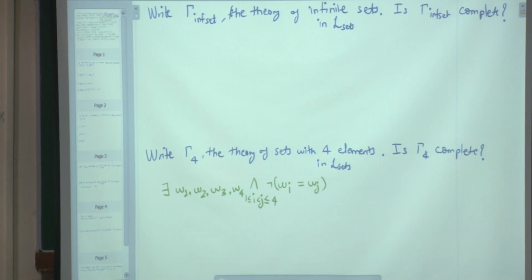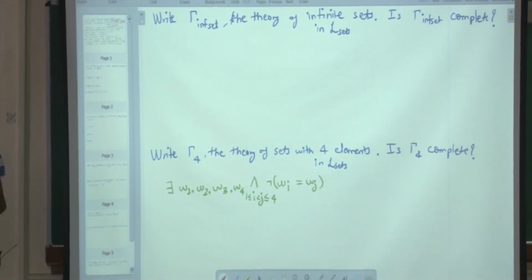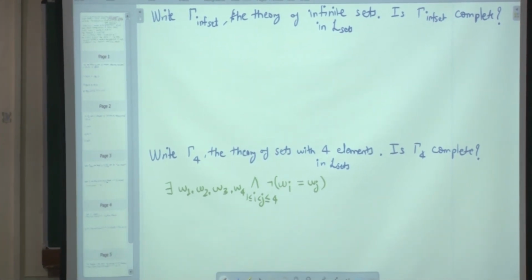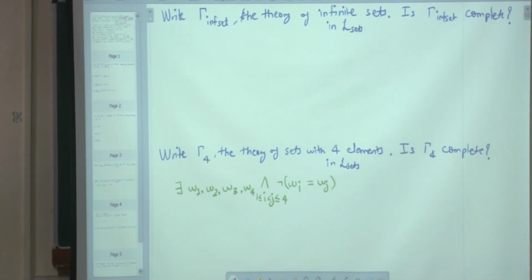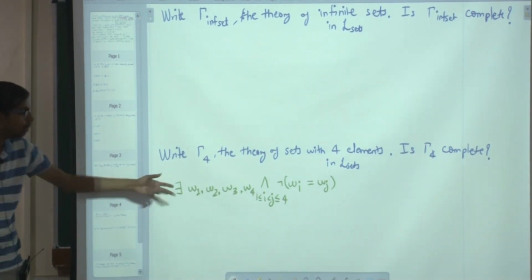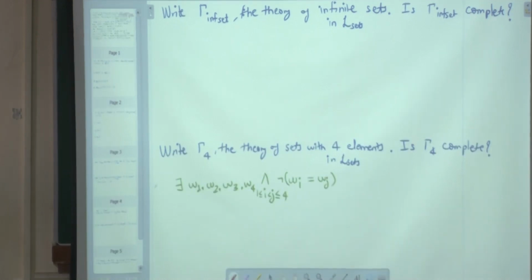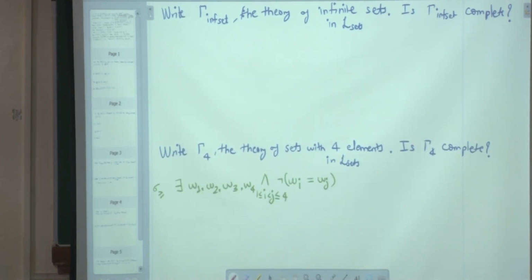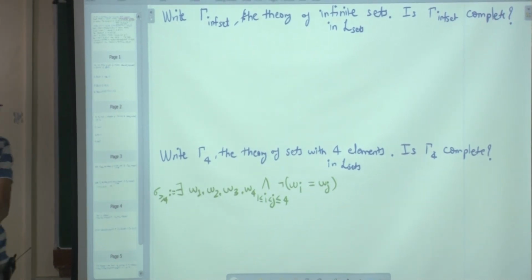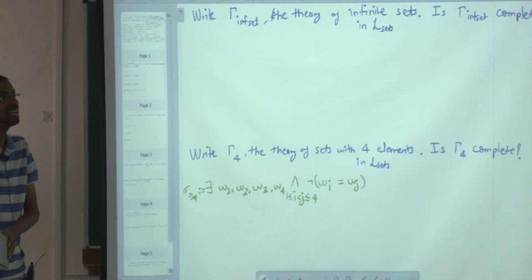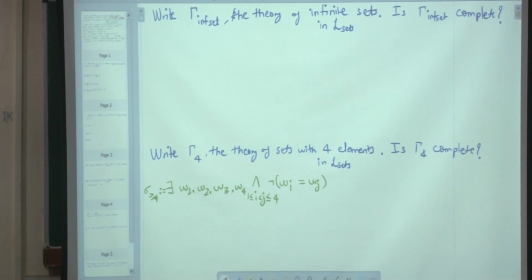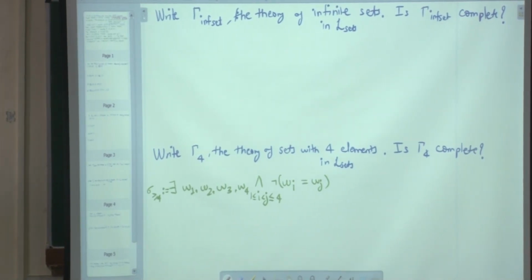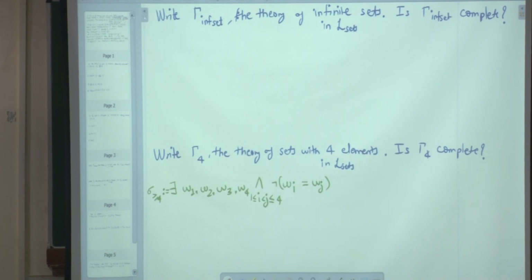Okay, so this is the sentence which says that there are 4 elements which are distinct. So what is the interpretation of this? We actually will prefer to call it sigma sub greater-or-equal 4. Yeah, sigma is a sentence which says that there are at least 4 elements. And then how do you say that there are exactly 4 elements?